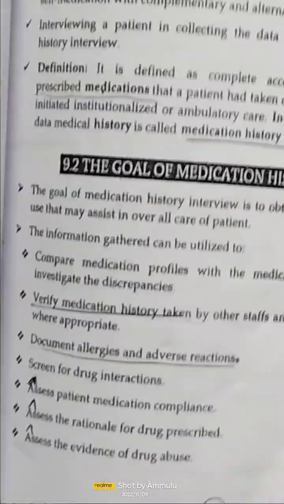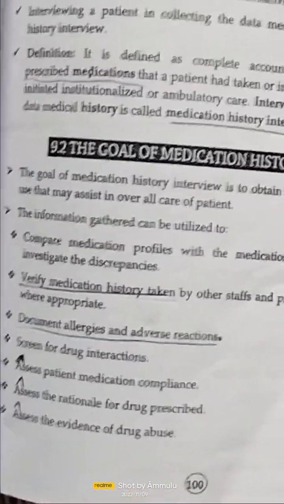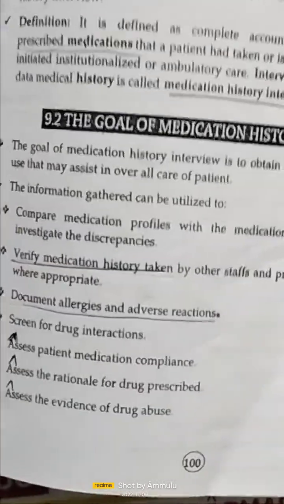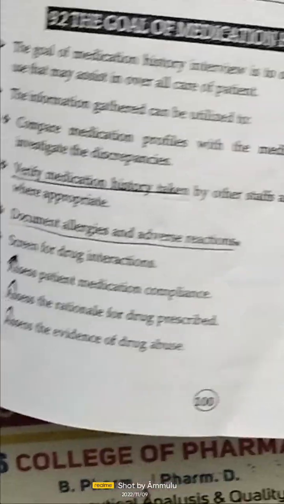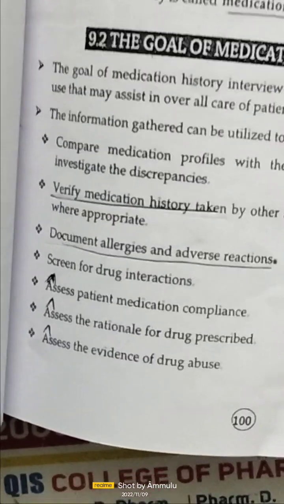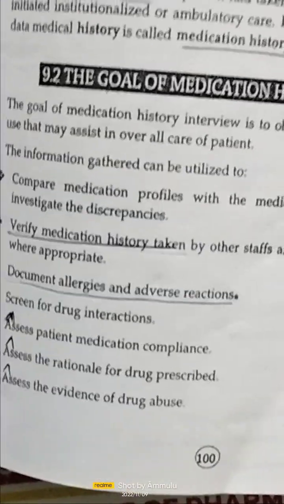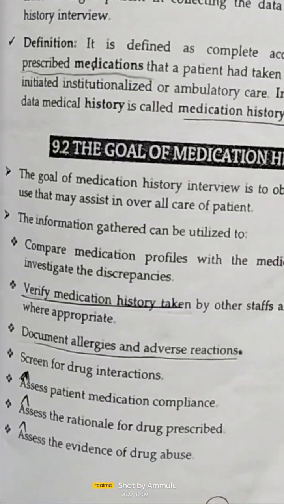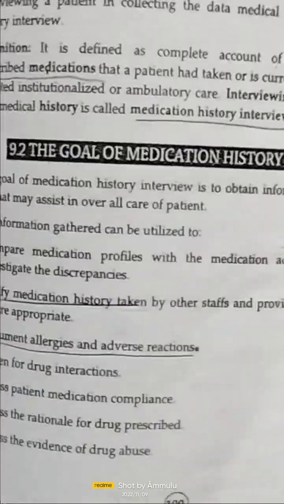It is used to verify the medication history taken by the staff, and to provide information where appropriate. It also documents allergies and adverse reactions, drug interactions, medication complaints and evidence of drug use. These are all main goals of the medication history interview.